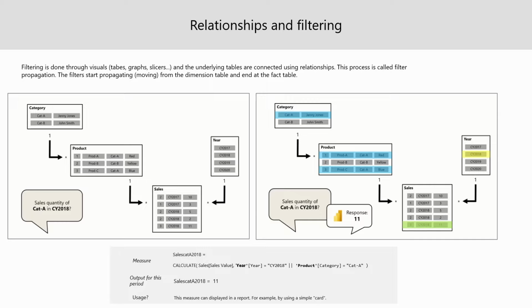In this case, if we wanted to know the sales quantity of product category A in calendar year 2018, we would use a specific measure. And Power BI would first use the dimension tables to filter the data and then get the information it needs from the sales data. Now, when we have our response, we can display it in a report. We can use a simple card visual or another visual, whatever we like.